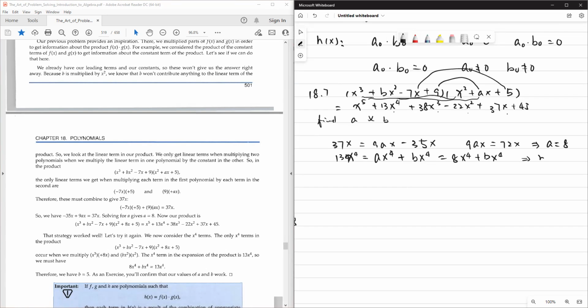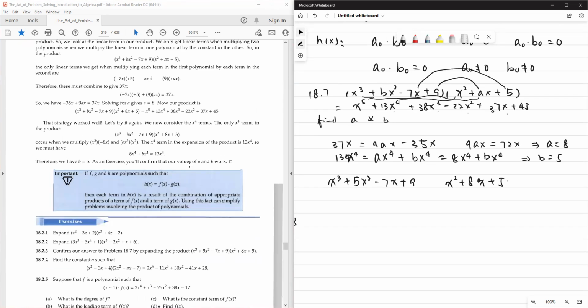Therefore, that tells me b equals 5. Okay. So therefore, we have x cubed plus 5x squared minus 7x plus 9 and x squared plus 8x plus 5. You see? Make sense?